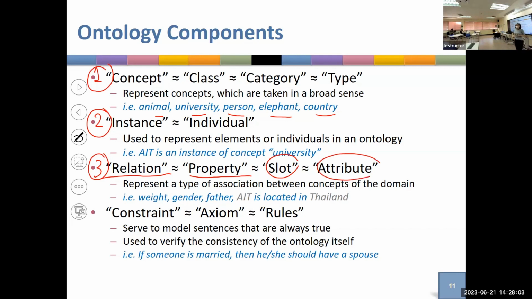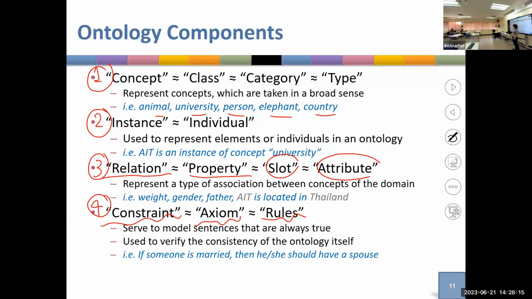They may mean the same thing. The last component, which I already mentioned, is rule or axiom or constraint. They are used to define some kind of conditions that you may want to impose or restrict. We will see some examples.